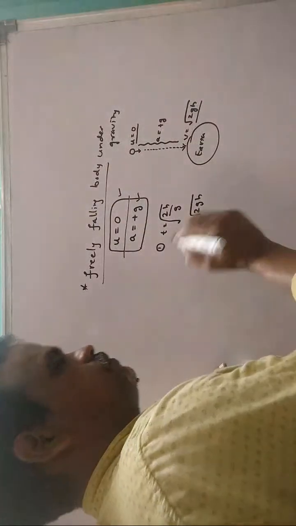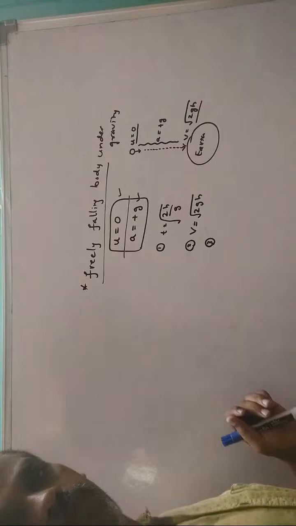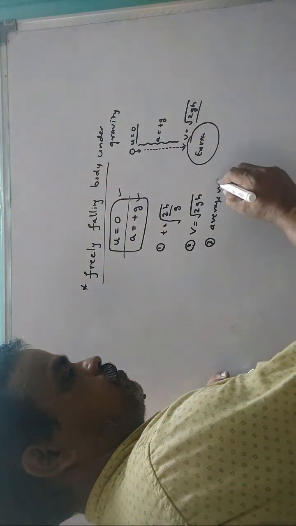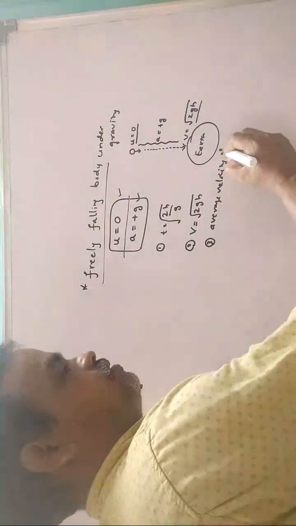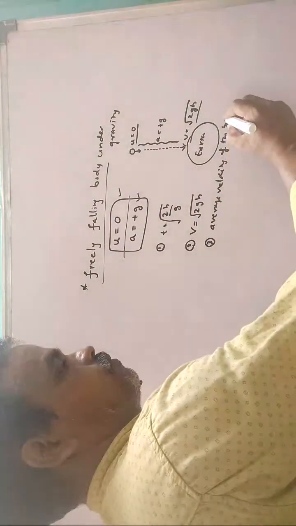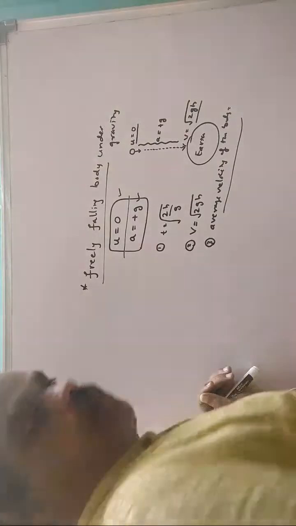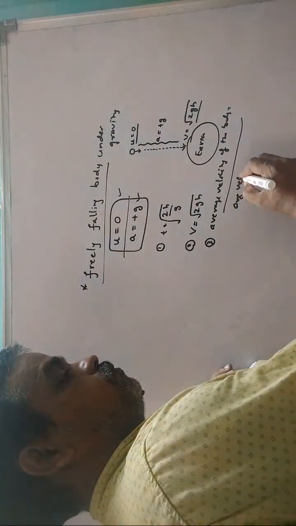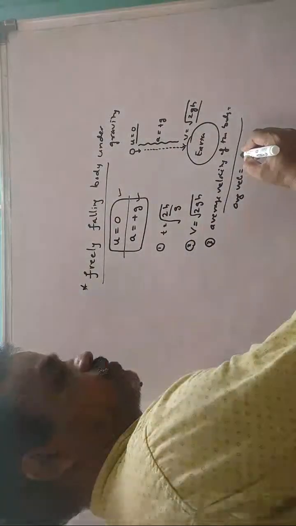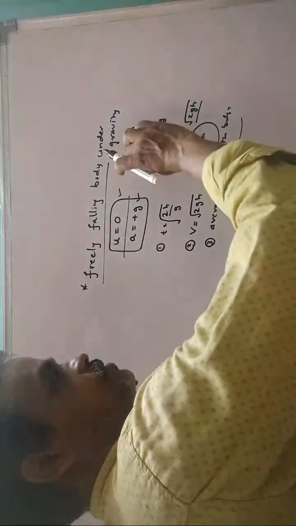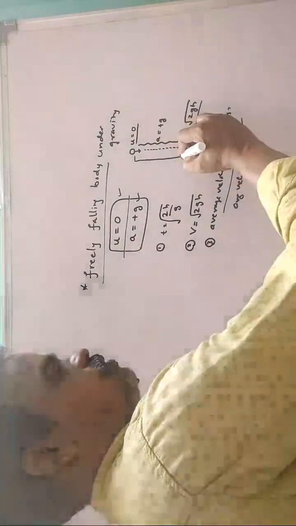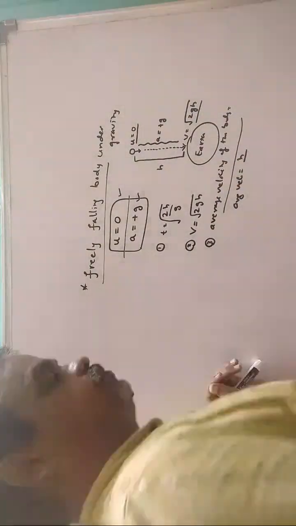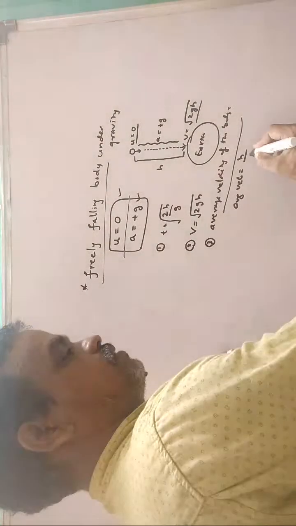Third case, average velocity of the body. Average velocity, we already have the formula: total displacement by total time. So it covered h before touching the ground, so h by the total time taken, t.